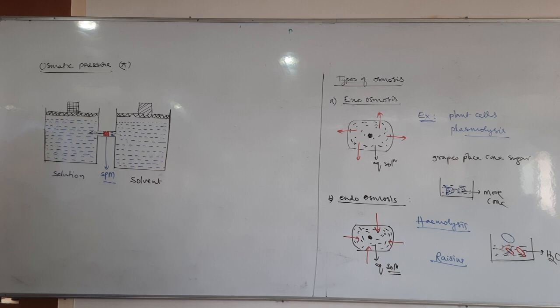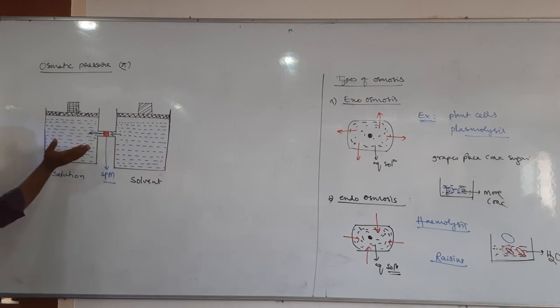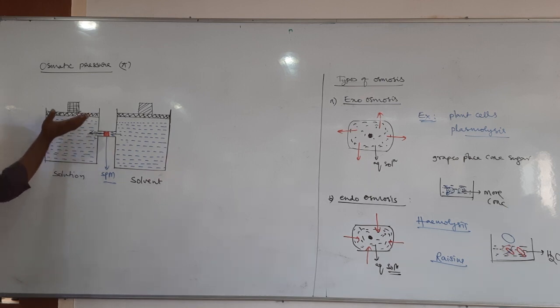Now due to the flow of solvent from the solvent compartment to the solution compartment, the level of the solution increases slowly. Now a piston is placed. Now what is osmotic pressure?